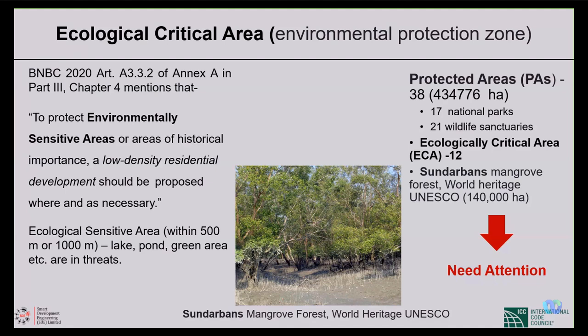But in the surroundings, when you're talking about building a house, anything ecologically important, the ecological critical area within 500 meters to 1 kilometer, we have to look at differently. We cannot disturb the birds. The birds are sleeping at night.